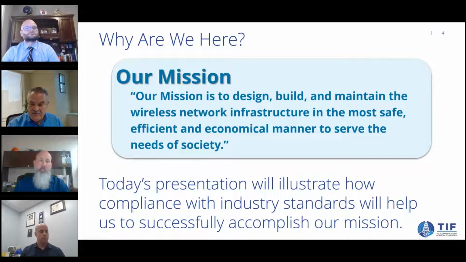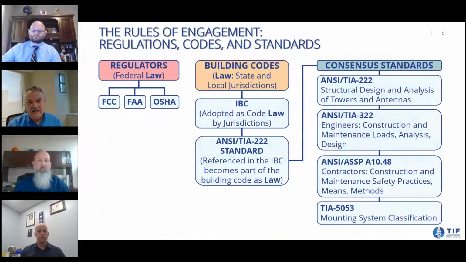So let's go into some of the paperwork right now. Rules of engagement for our industry are governed by regulations, codes, and standards. On the left, we have the regulators, which is federal law: FCC, FAA, and OSHA. In the middle are the building codes. That's local and state law.